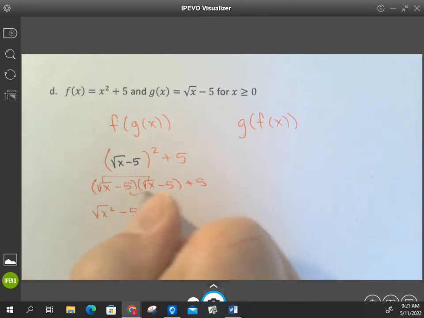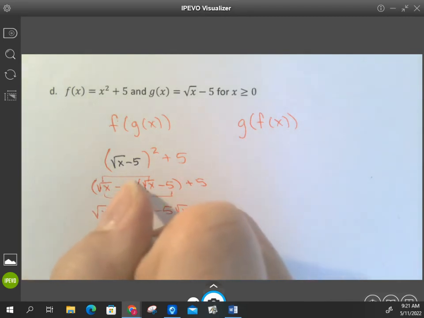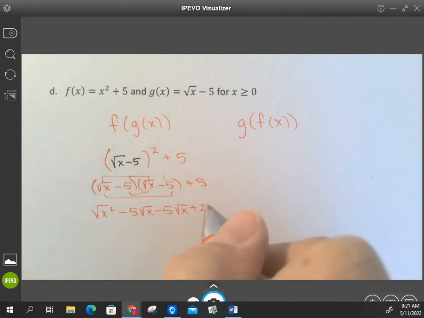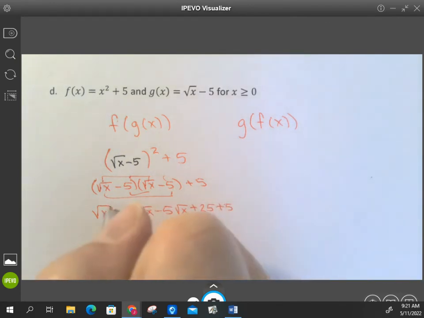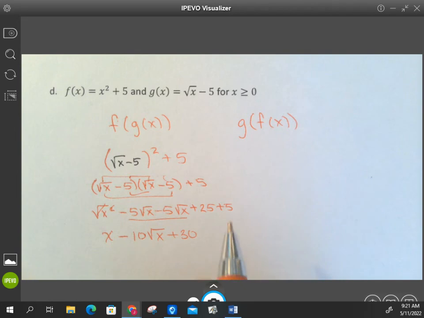I get another -5 square root of x. And last, I get a positive 25 and then plus 5. So this cancels and leaves me just x, but I'm left with a minus 10 square root of x and then plus 30. So in no way, shape, or form does that cancel out.